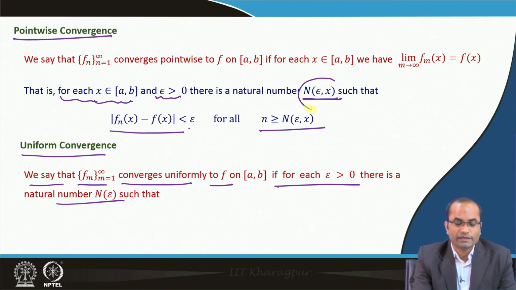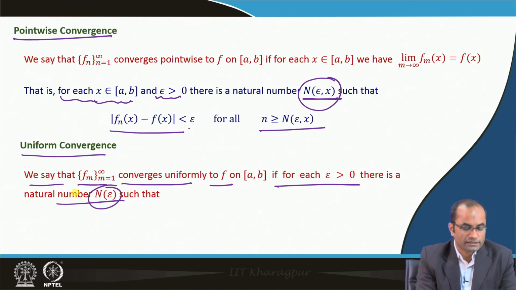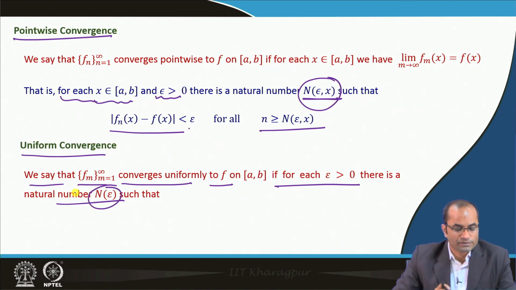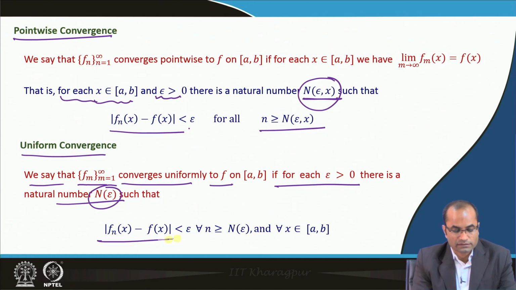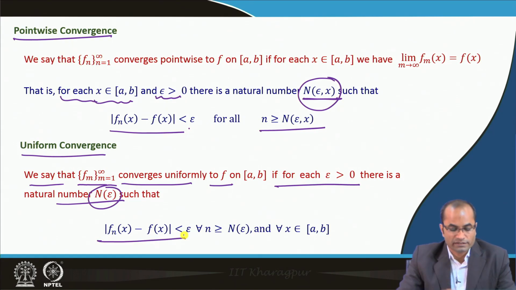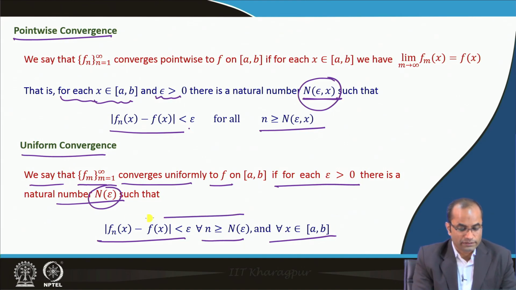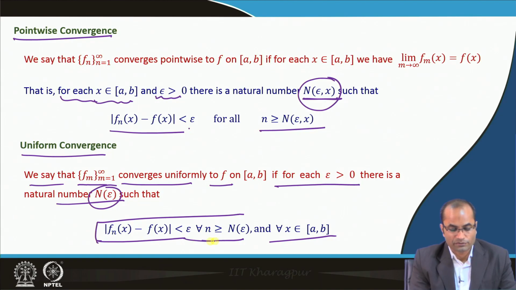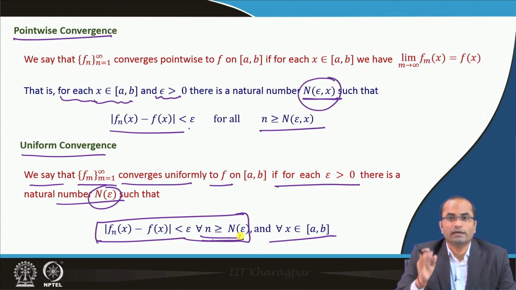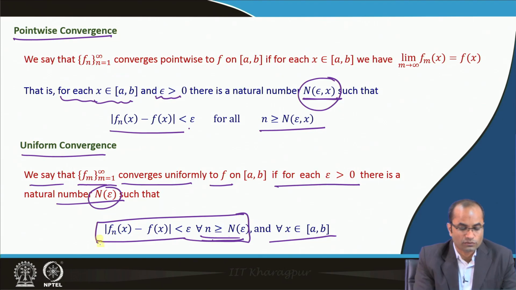Here N was depending on epsilon and x before; now N depends only on epsilon, such that this difference can be made arbitrarily small for all n greater than N and for all x belonging to [a, b]. This N(epsilon) does not depend on x, so for all x this should hold.